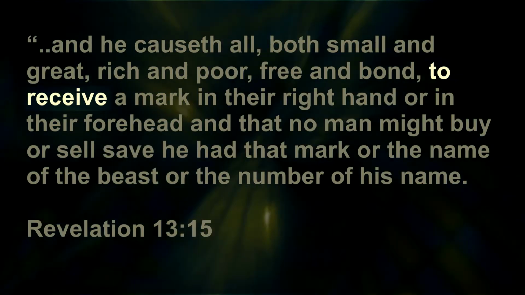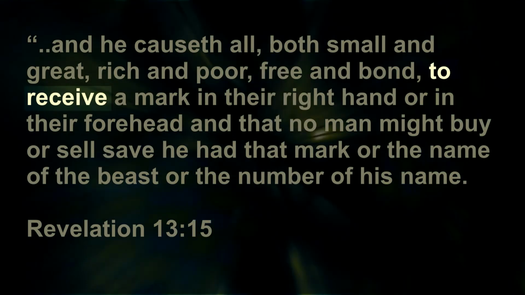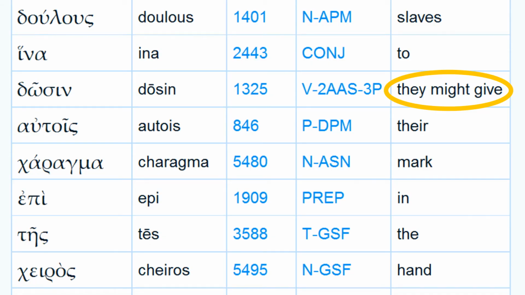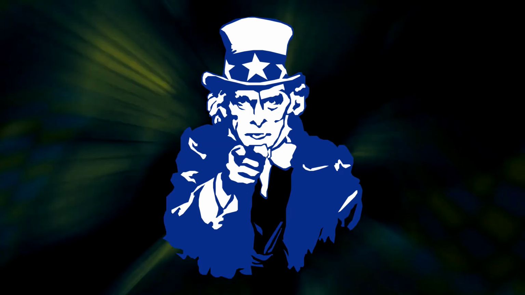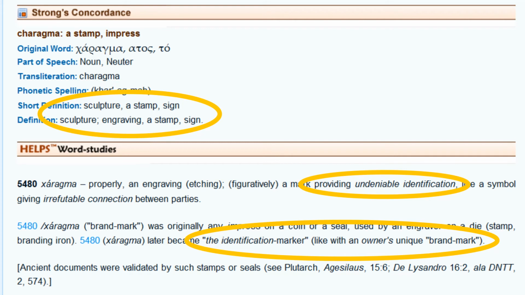To receive. Now here's a blatant lie. The original Greek translates as give, or offer, or bring forth. This is important to know because the mark is something you give, you offer, you bring forth. And what's the mark? A stamp, an inscription for identification purposes.